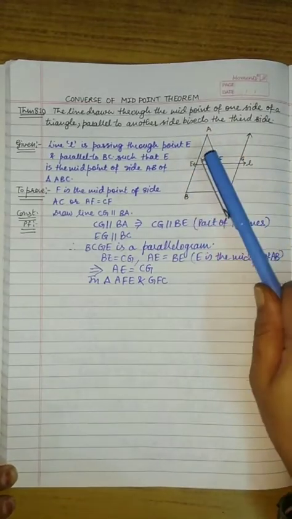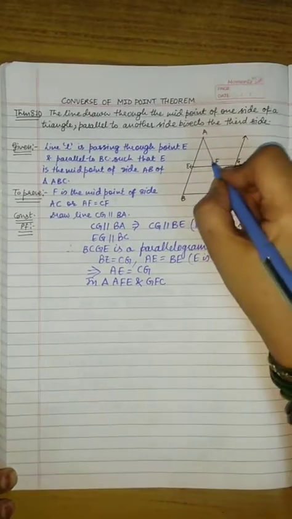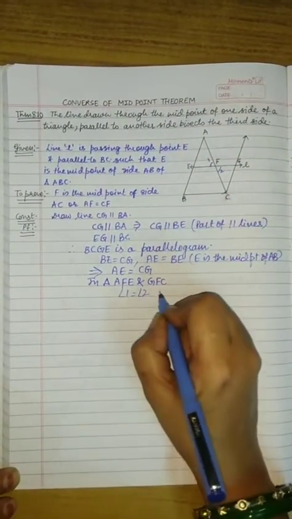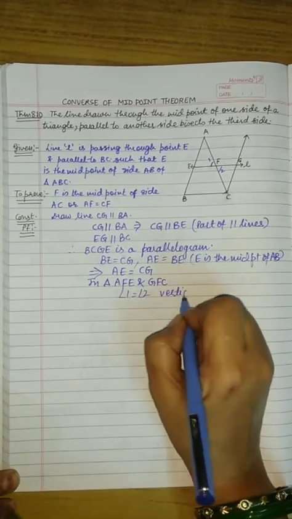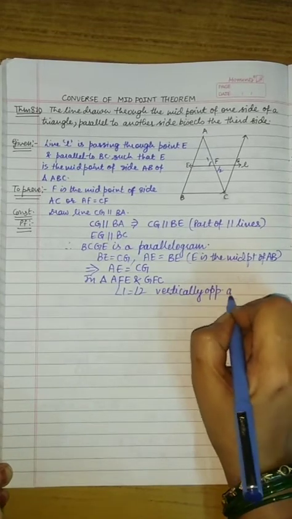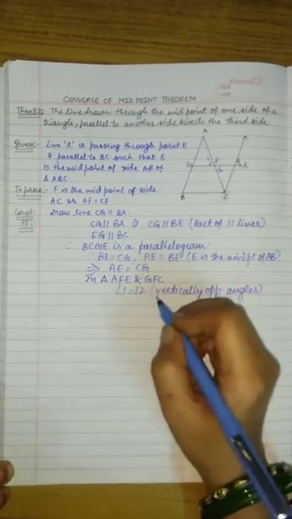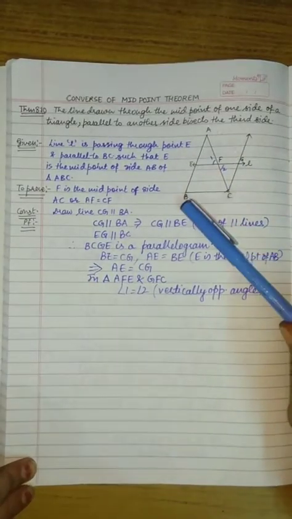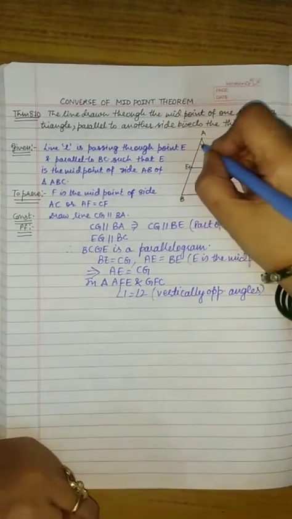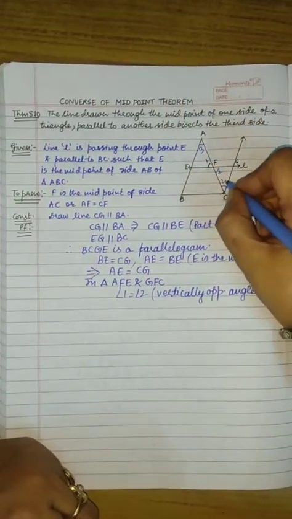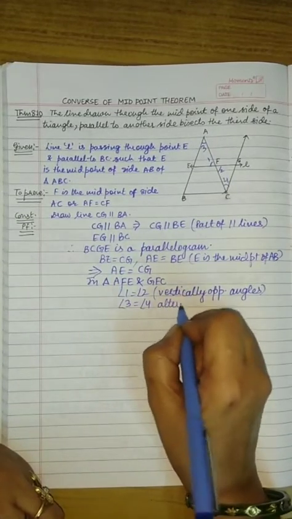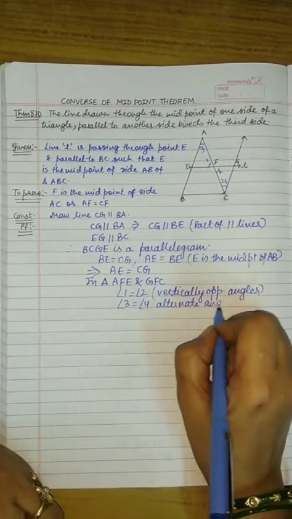In these two triangles, angle 1 is equal to angle 2, vertically opposite angles. Similarly, CG is parallel to BA, so alternate angles are also equal. Therefore, angle 3 is equal to angle 4, alternate angles.